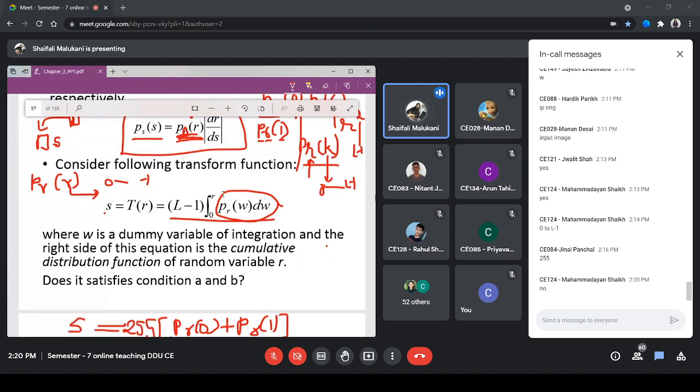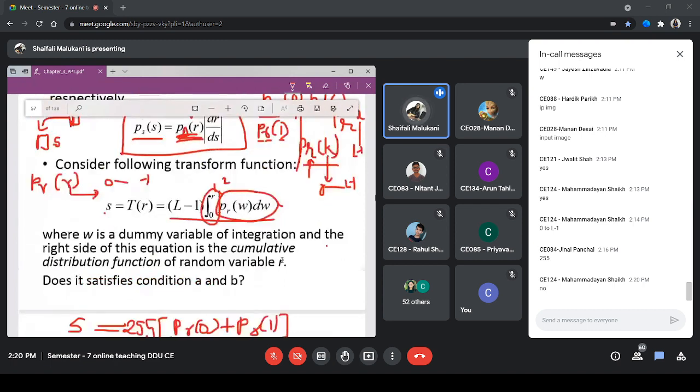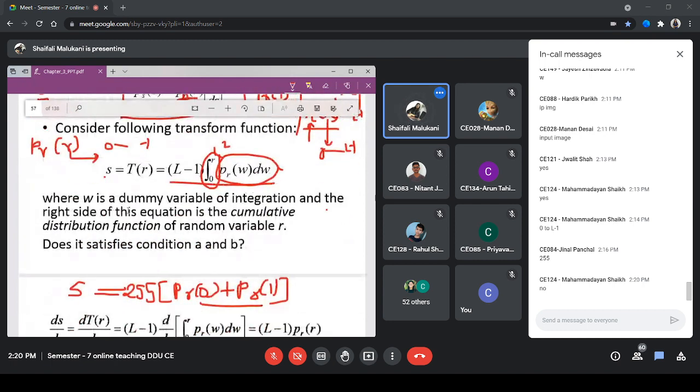No. So if I integrate them, will that integration ever be less than the previous value? Suppose I calculate for R1, then I calculate for R2. R2 will be PR of 0 plus PR of 1 plus PR of 2. Up to R values 0 to 2 I have to sum. Will that ever decrease? It is always an increasing function.